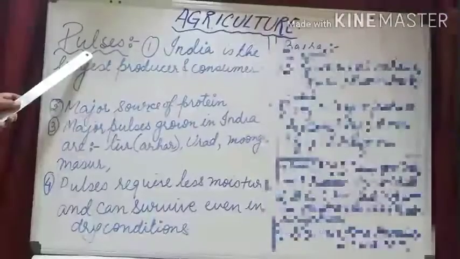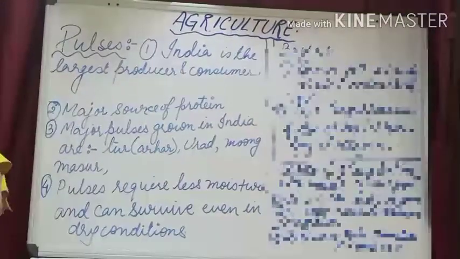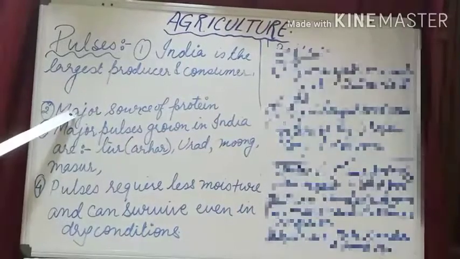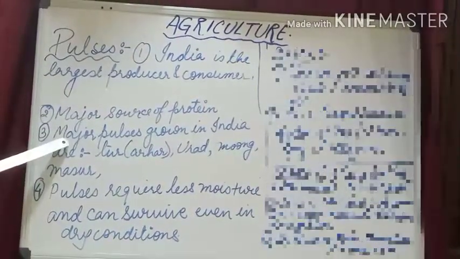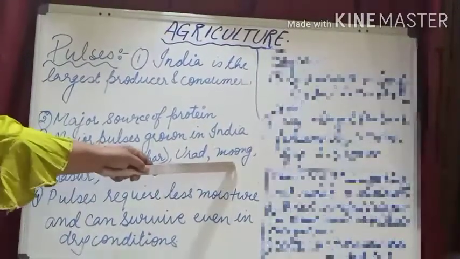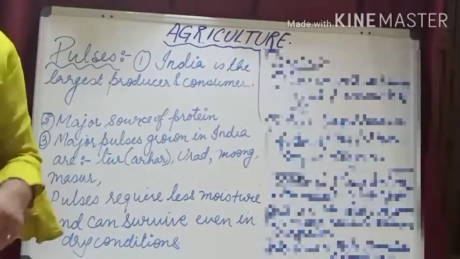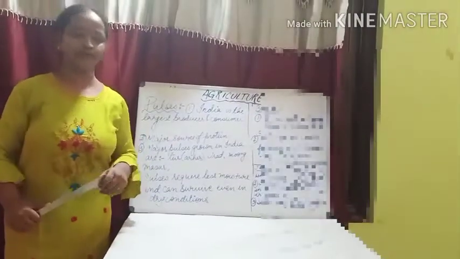Now let's talk about pulses. India is the largest producer and consumer, and pulses are the major source of protein. The major pulses grown in India are tur, urad, moong and masoor. Tur again is of two varieties, one with oil and one dry one.